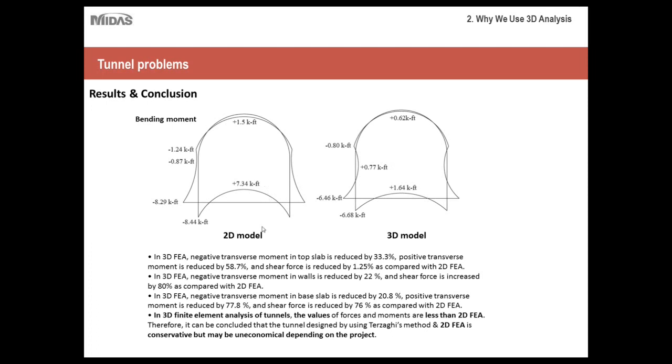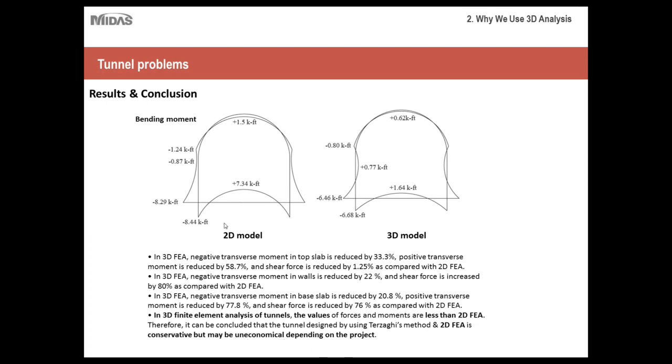The main thing to take from this experiment is that in 3D finite element analysis of tunnels, the values of forces and moments are less than 2D FEA. That means 2D finite element analysis is conservative and may be uneconomical depending on the project. So just keep that in mind.